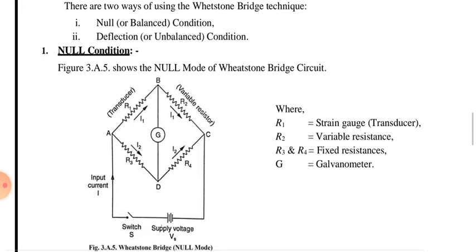R1 is the strain gauge transducer, means strain is applied on R1. R2 is variable, means R2 will vary. R3 and R4 are fixed resistances, and in between there is a capital G in a circle, which is the galvanometer. The output current flows through the limbs AB and AD when the supply voltage is given.